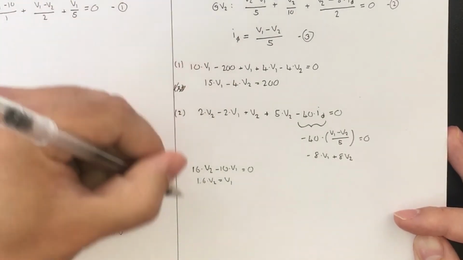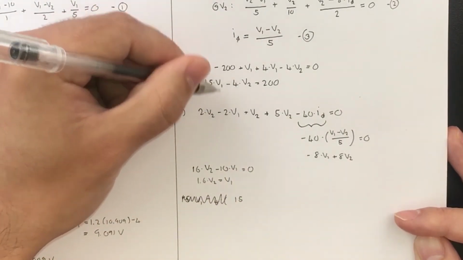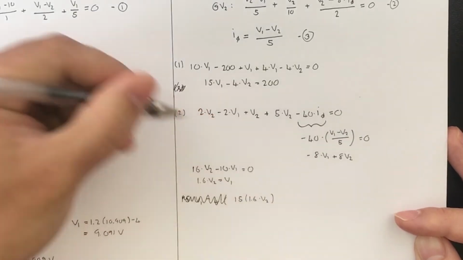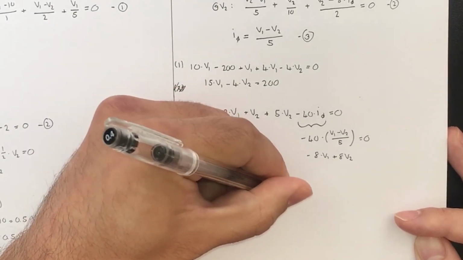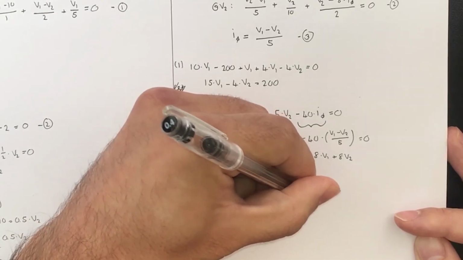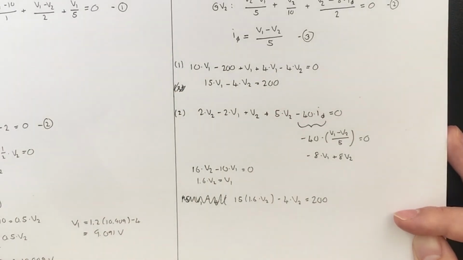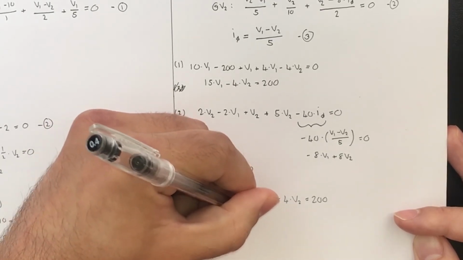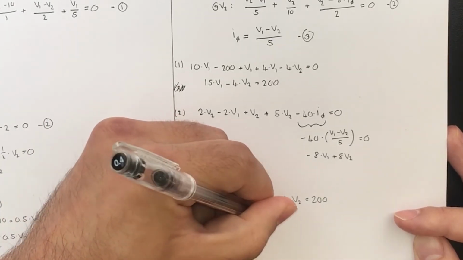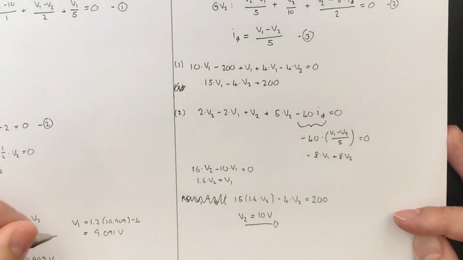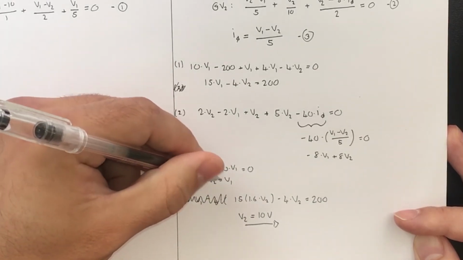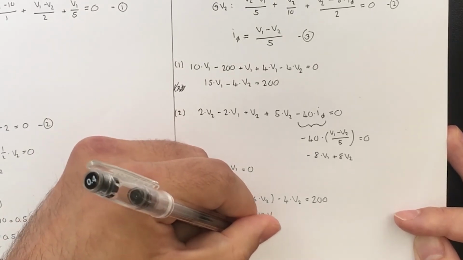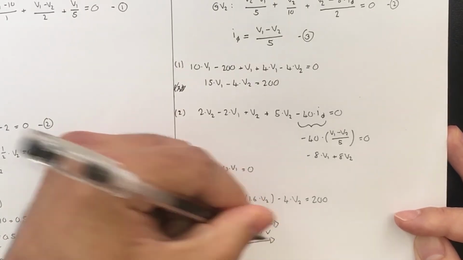So that is what we do: 15, and we substitute V1 in for V2, minus 4 V2 is equal to 200. Then we can get V2 simply as 10 volts. And we know that V1 is 1.6 times V2, so V1 is 16 volts.